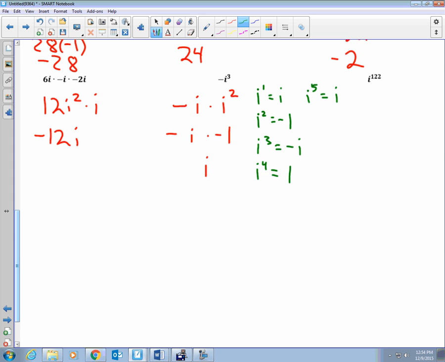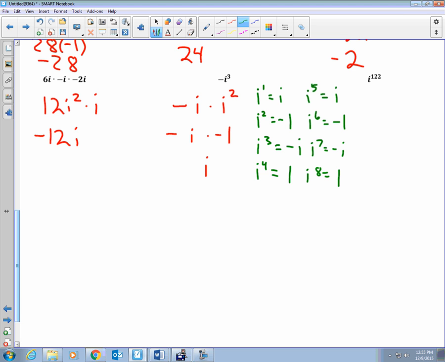And the pattern will continue. I see some good news here. It looks like if the exponent is divisible by 4, the answer is 1. So therefore, I need to find an exponent near 122 that is divisible by 4.